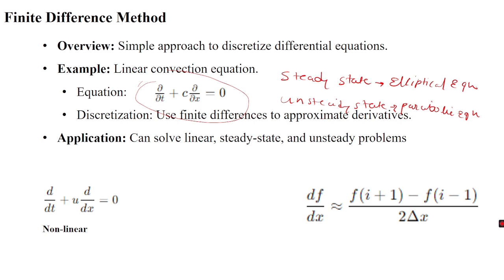So typically if we say velocity, suppose I am saying ∂u/∂t + c ∂u/∂x. This is a conventional linear equation, and these equations may be time dependent or space dependent.